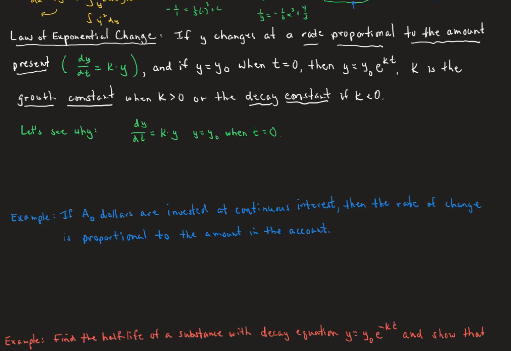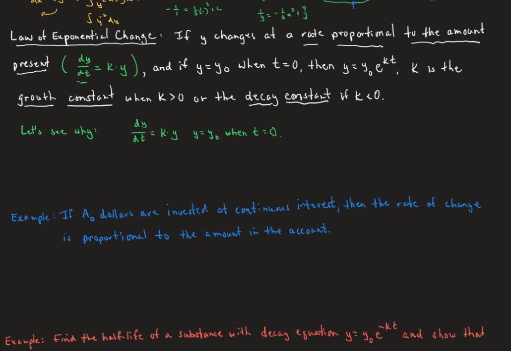So the law of exponential change: if y changes, this is a common assumption now in population models. So if y, or a population, changes at a rate proportional to the amount present. What those words mean is it's changing at a rate.